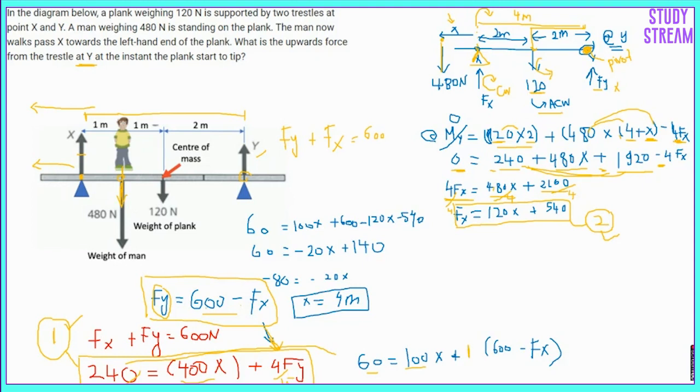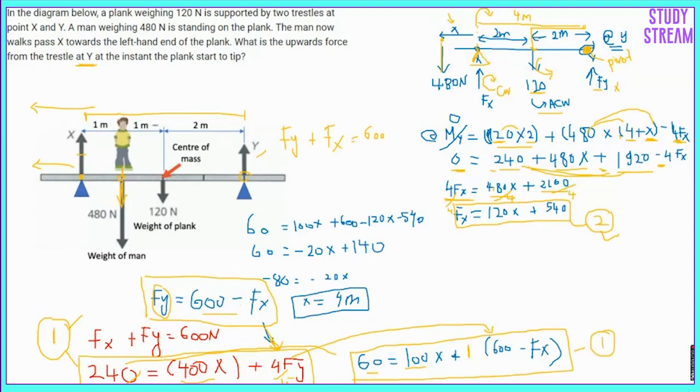And then I need to substitute 600 minus fx instead of fy. So this is my new fy. You guys are keeping up with me, yeah? Yes. Okay. So now this is our new improved formula number 1. It has fx inside.